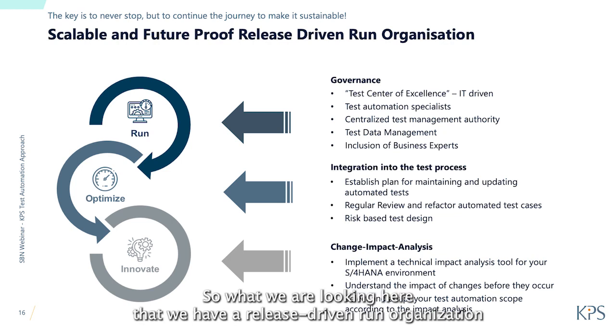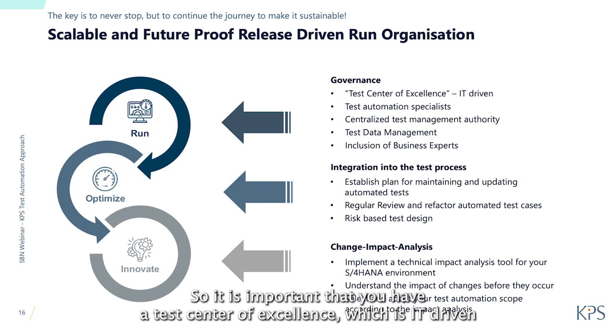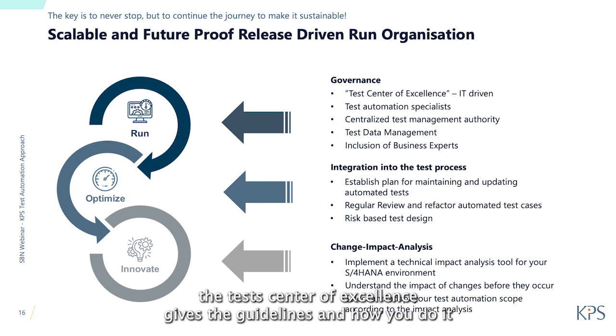So what we are looking at here, if we have a release-driven run organization in the SAP context, are the topics you have to look at in order to be sustainable. One important point, which was also one of our first slides, is governance. It is important that you have a test center of excellence, which is IT driven. The test center of excellence gives the guidelines on how you do it.